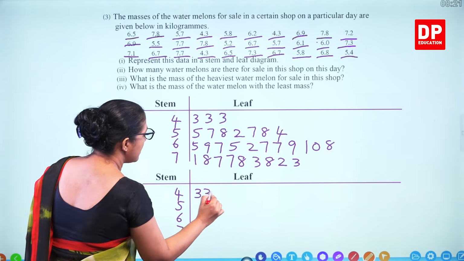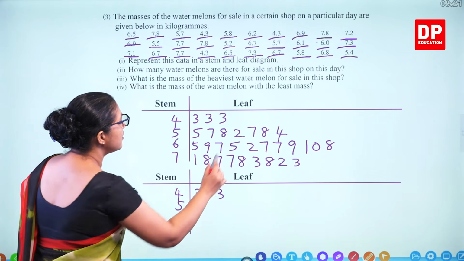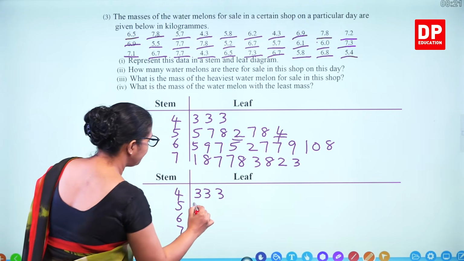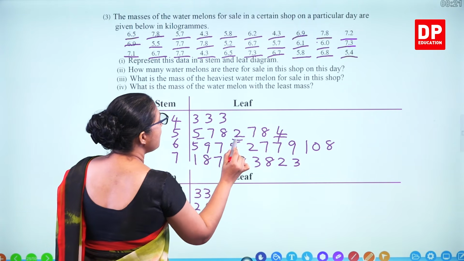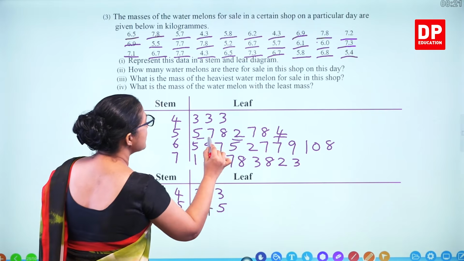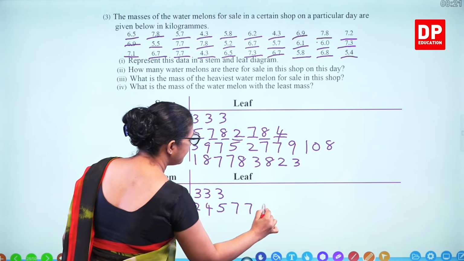This is in ascending order. 3, 3, 3. This one, 2, 4, 5, 7, 7, 8, 8.